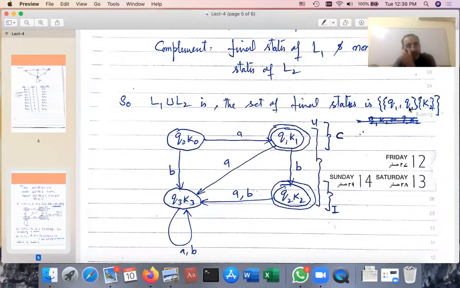And I have to take the union. So that's why union is Q1, Q2 or K2. So I have to consider all these three states. That's why Q1 is here, Q2 is here, and K2 is here, which is the final state of L2. So you have to apply the double circle here and represent it with the final states. So this is quite easy.